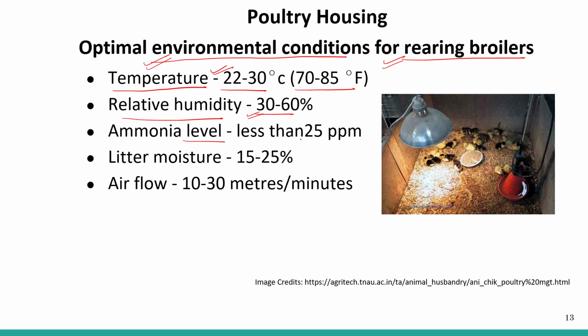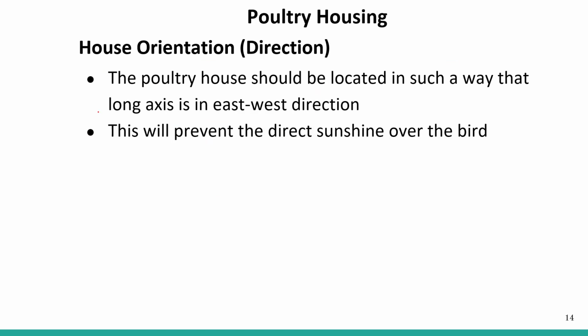Ammonia level should be less than 25 ppm, and litter moisture should be 25 to 50%. Air flow is very important, 10 to 30 meters per minute. This particular environmental condition is maintained for rearing broilers.